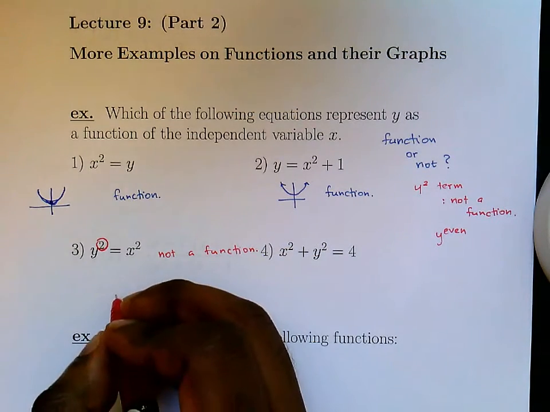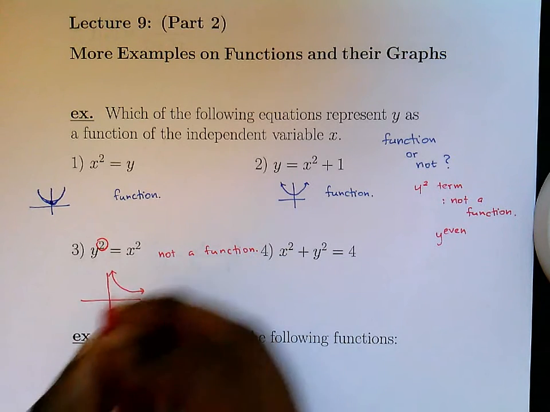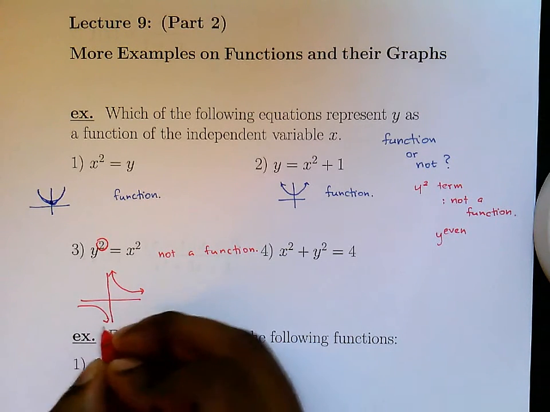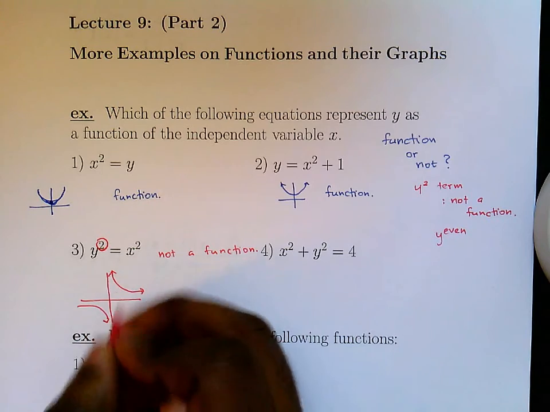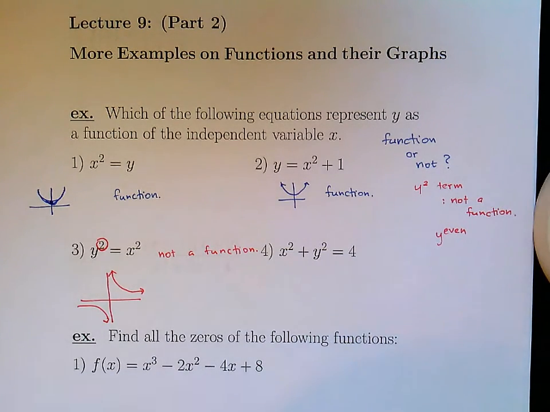If you're wondering what it looks like, I think it's a hyperbola. It's not the 1 over x function, it's a little different, but it's a hyperbola, that's what we call it.